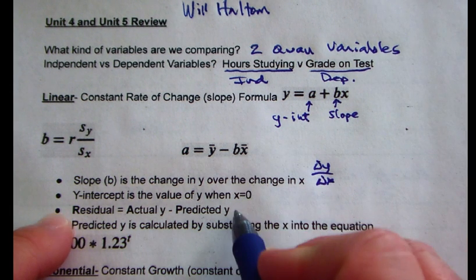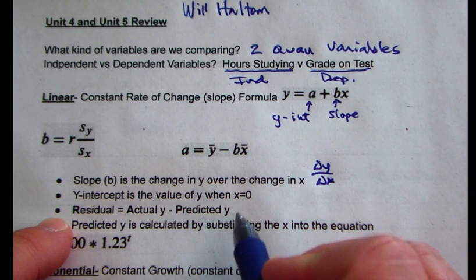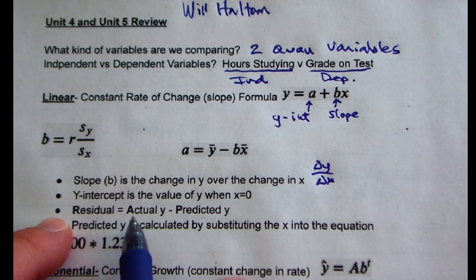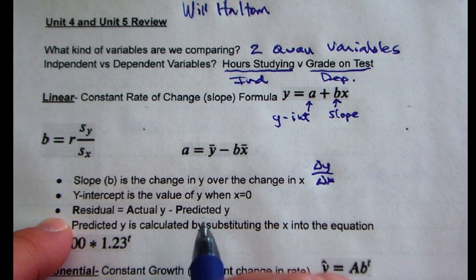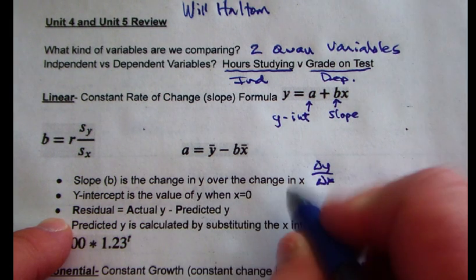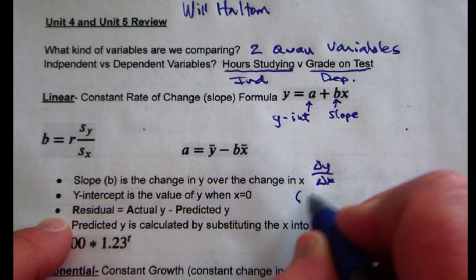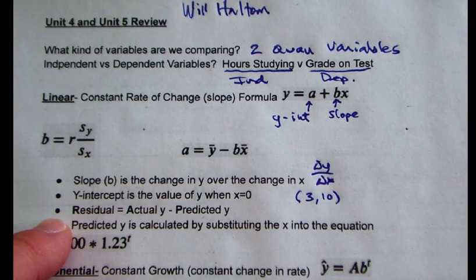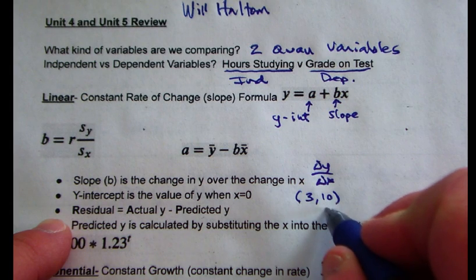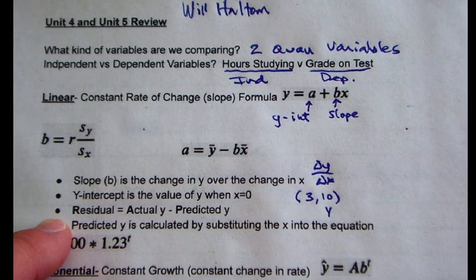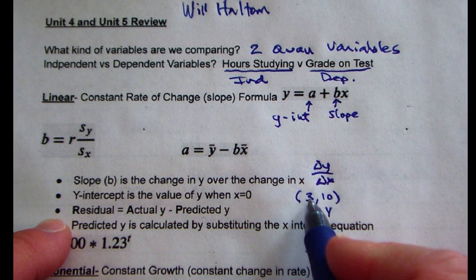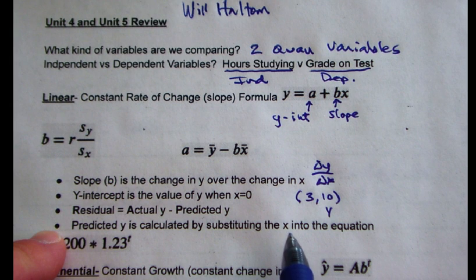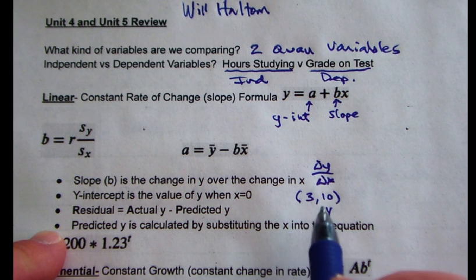And then the third thing from linear functions was the residual, the actual y minus the predicted y. The actual y we got from a point like (3, 10), and this is my actual y, 10, right? To get the predicted y, we would take that 3, plug it in, substitute it into the equation, and solve for y.